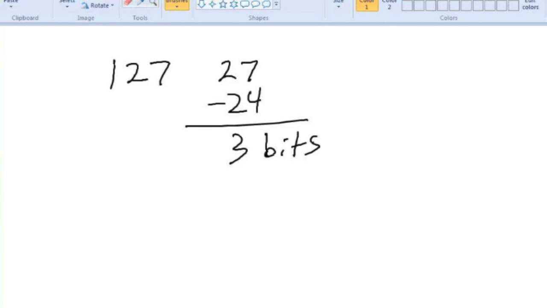We borrowed 3 bits. The subnet mask would be 128 plus 64 plus 32 in dotted decimal.